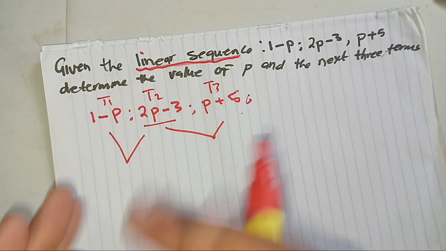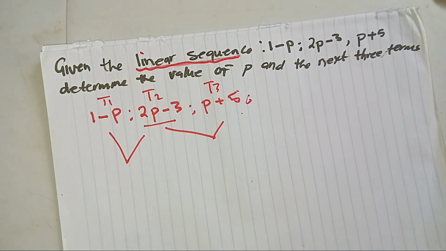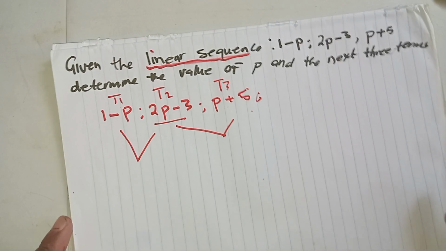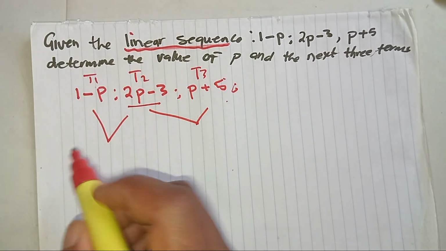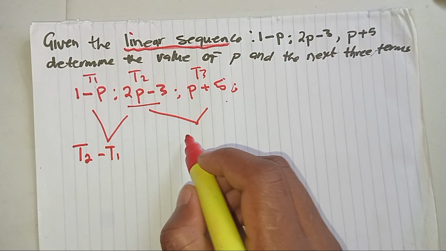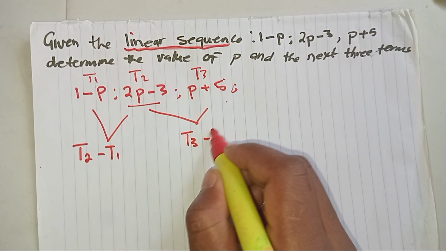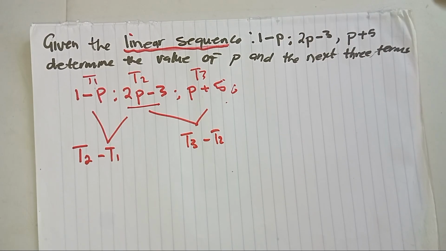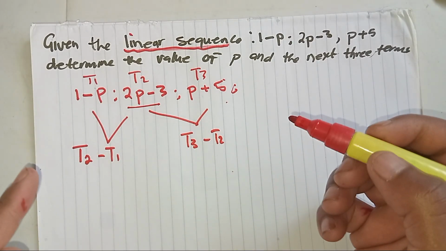So those two expressions are going to be equal. What I'm trying to say is that T2 minus T1 and T3 minus T2 are the common difference that we have.